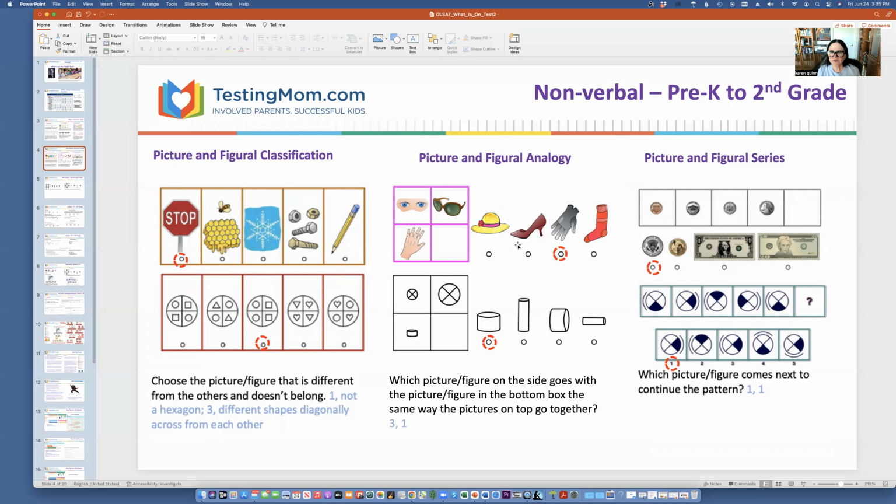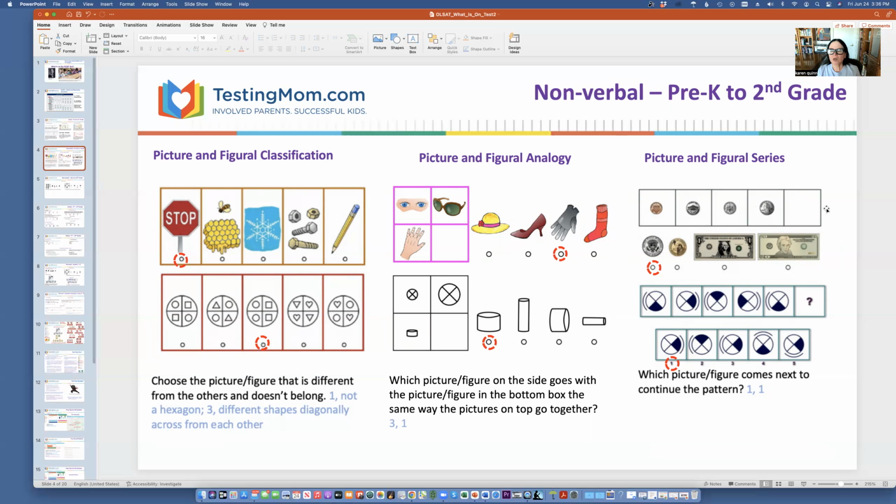Both of them are covered. Sunglasses cover eyes, and then a glove covers your hand. And on this one, we have a small to large figure, small to large. So that's our answer.